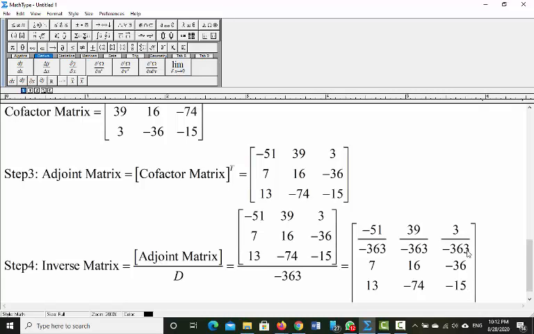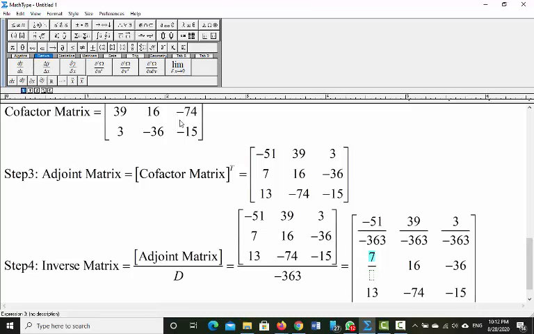You can just divide using your calculator and write the answer here, right? Since you are learning for the first time, I am showing you all the possible steps so that you don't get confused. In the exam, you can just divide all the elements by 363 and write it in decimal points.